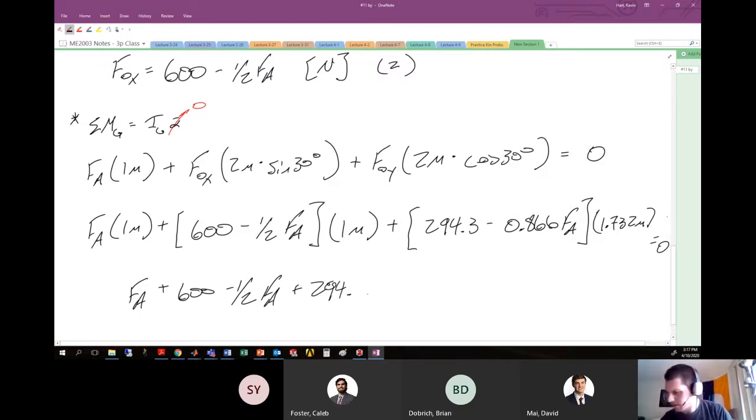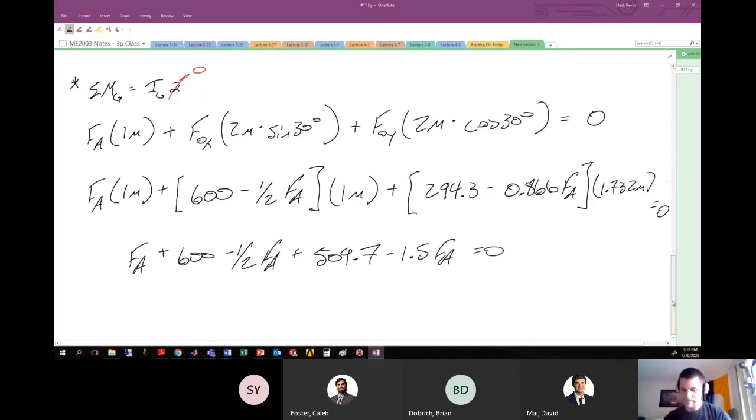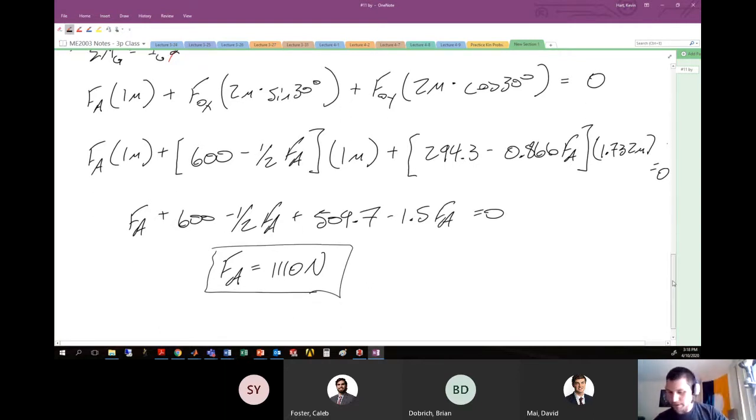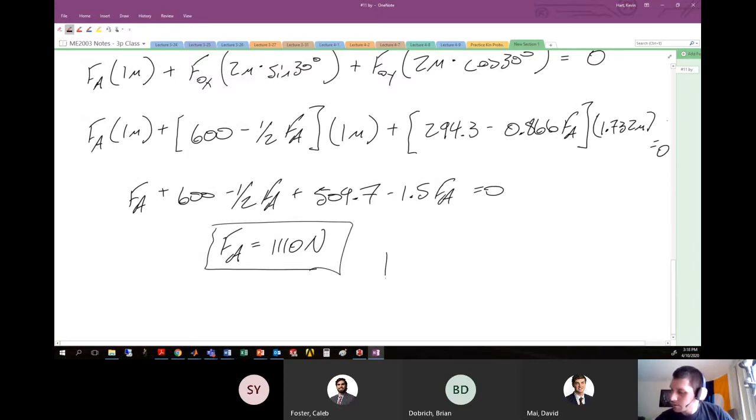Actually, let's do the math here. This will be 509.7 minus 1.5 FA equal to 0. So you'll find that the magnitude of this force at A is 1,110 newtons. All right, so that's one of our answers. That's the force the roller applies to the bar, 1,110 newtons.